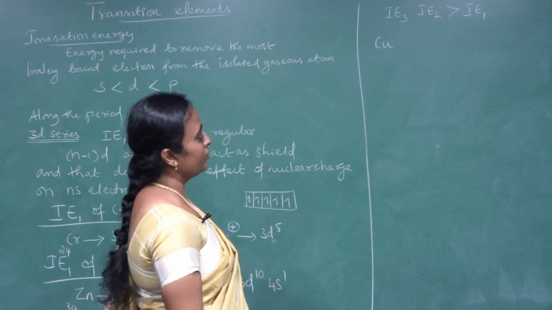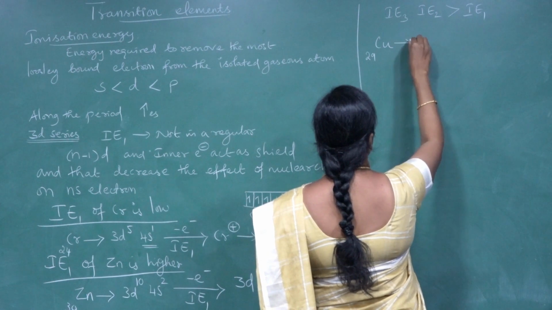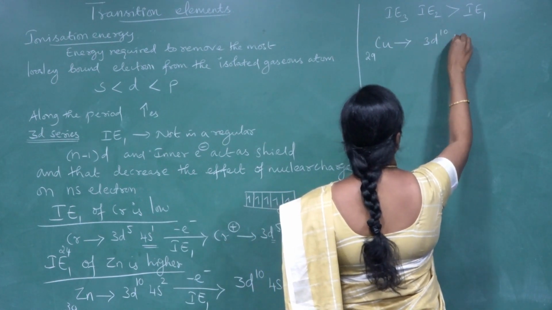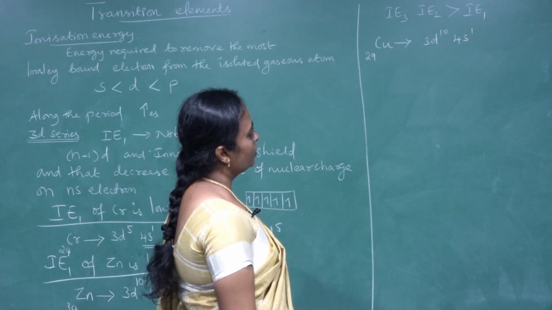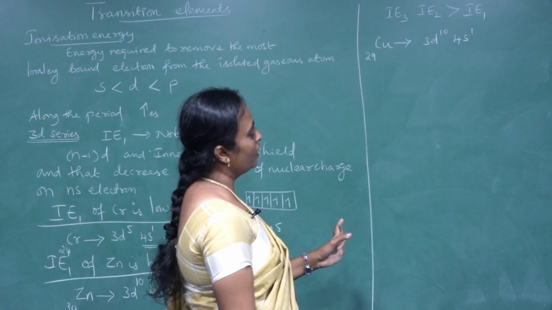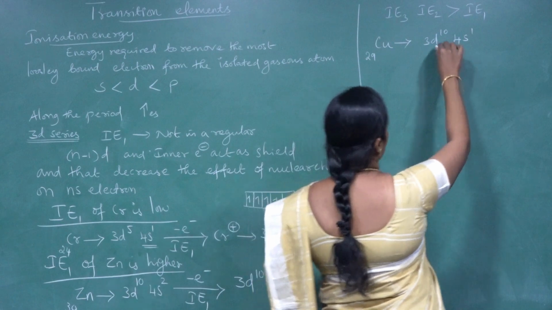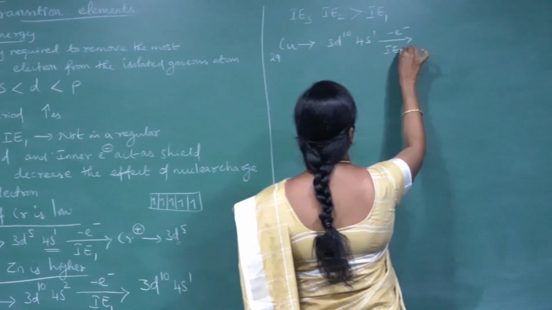Copper, we know, has atomic number 29, and the configuration is 3d10 4s1, with a completely filled d orbital. Now if I remove one electron from copper, that is the first ionization energy.